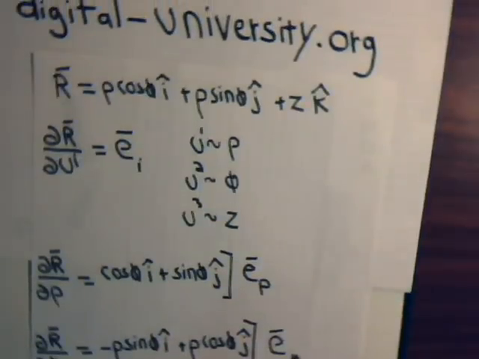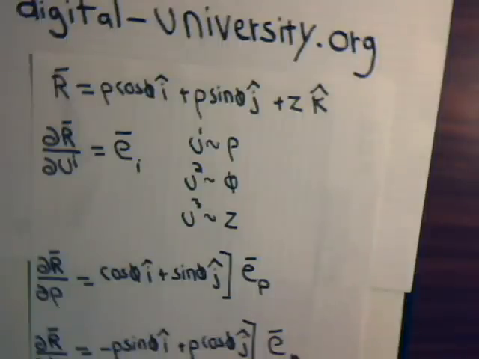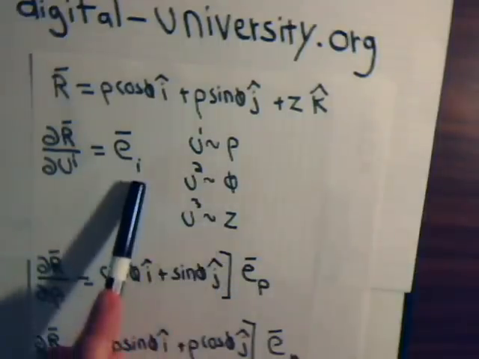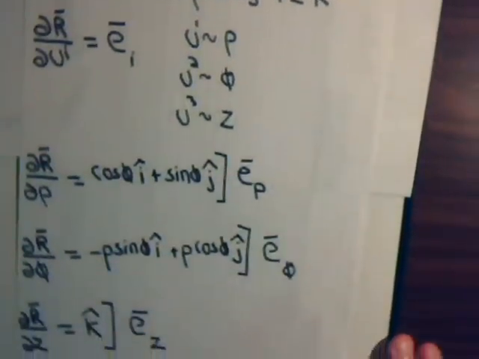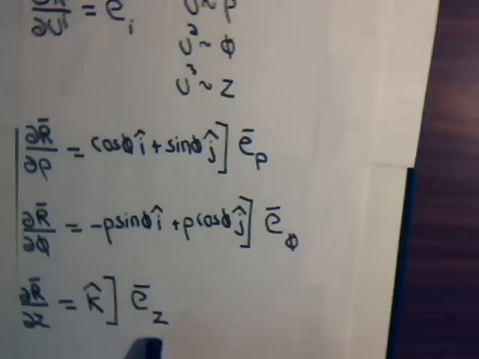Then when we take the partial of r with respect to z, that's just going to be 1 times the unit vector k, and that will be e3, or ez. So e sub z is just the unit vector k. So we have 3 tangential vectors here, here, and here, or this would be E1, E2, and E3.